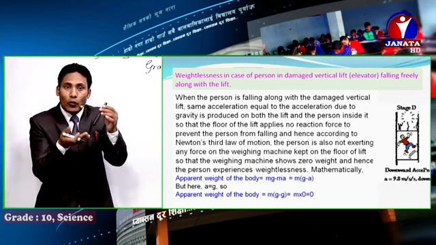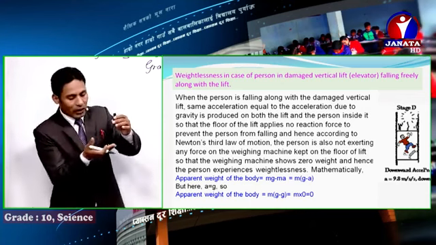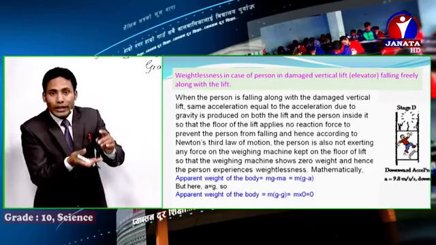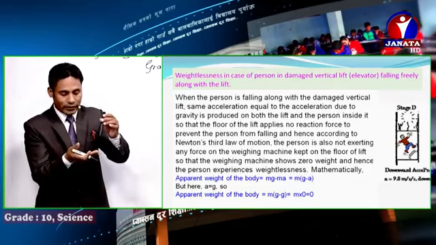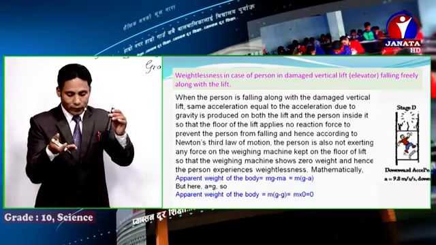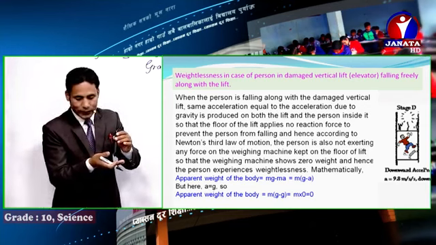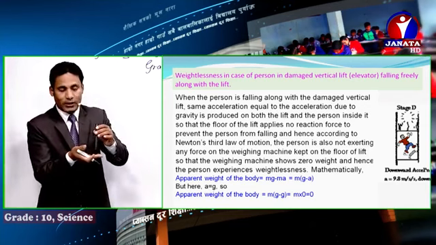In that condition the weight acts, but whenever both objects move in the downward direction, there is no reaction force present.